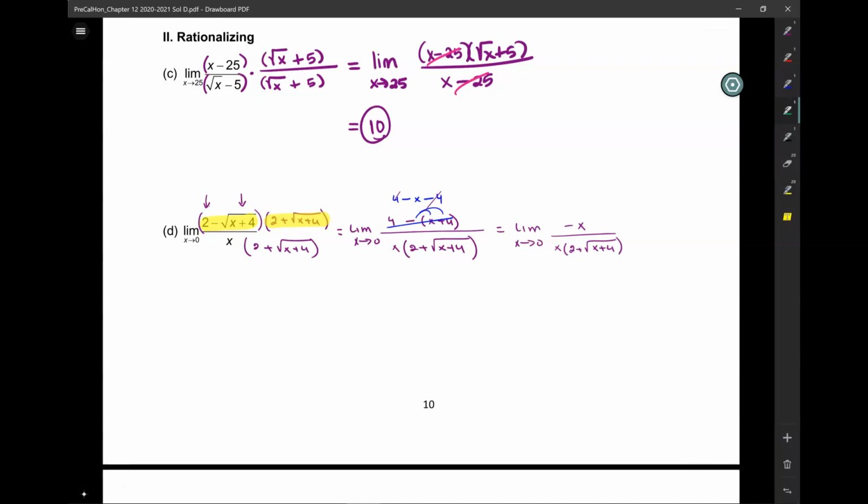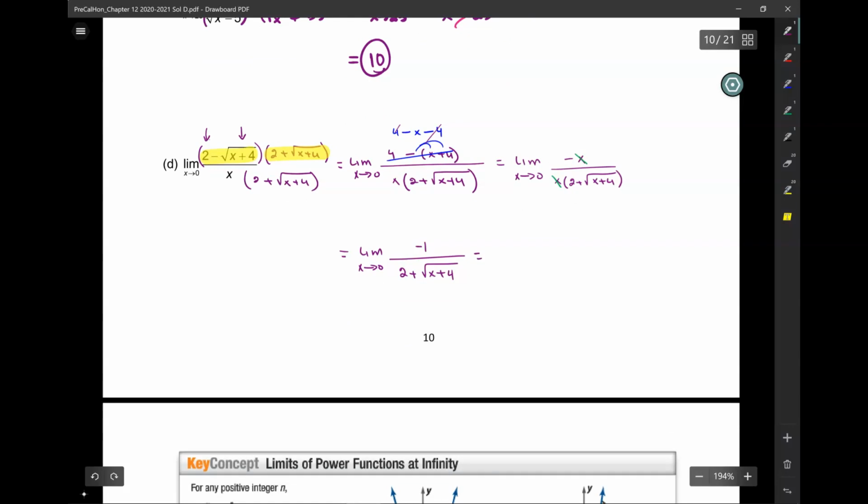So now negative x and positive x, the x's will cancel. So I have the limit as x approaches 0, negative 1 over 2 plus root x plus 4. Now I can actually substitute the 0 into the problem, right?